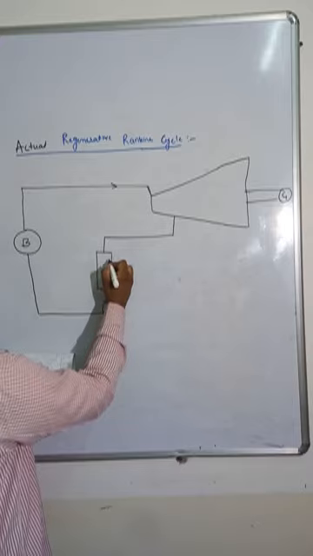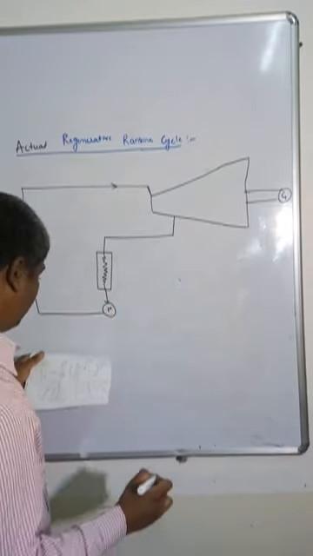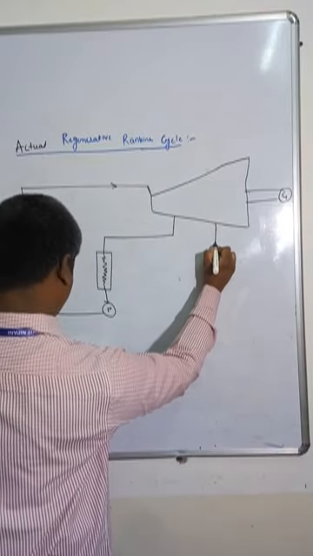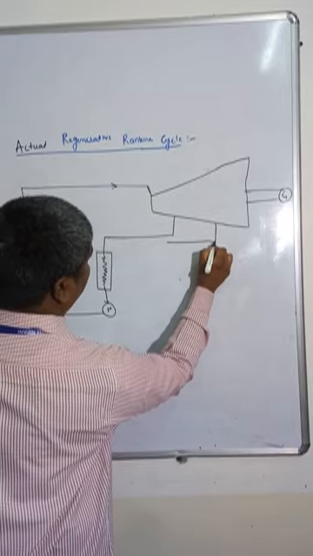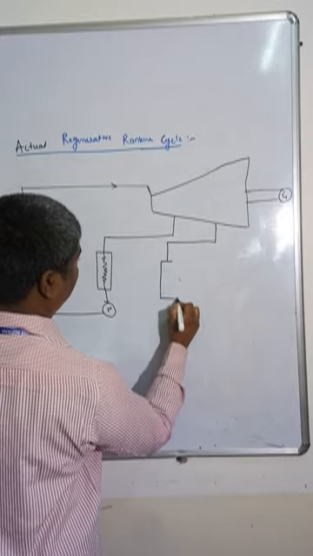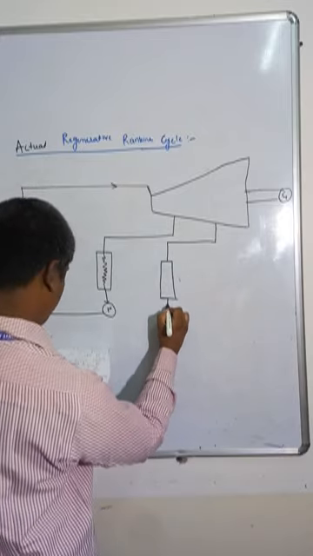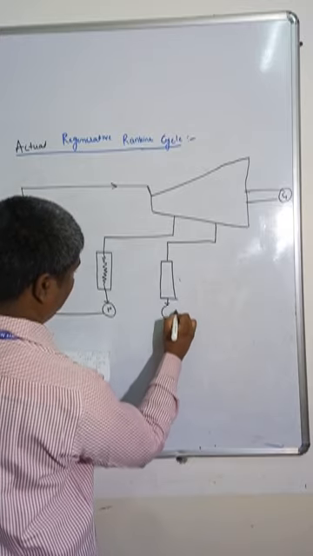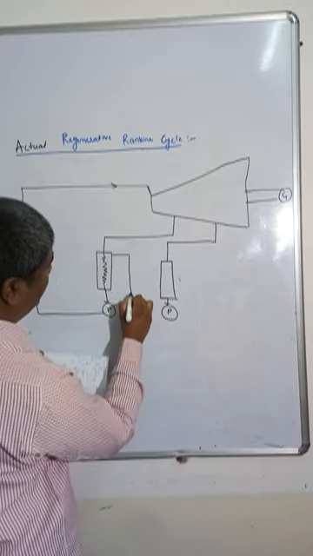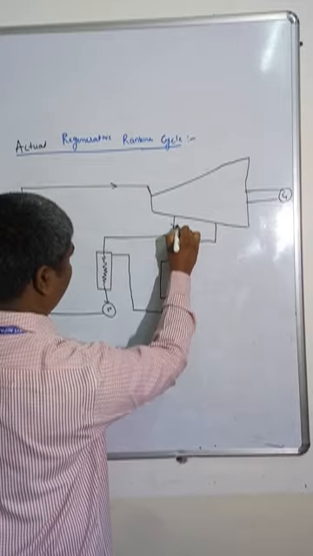What I have drawn, just look at the diagram, right? One more similar thing I will draw. Just look at the procedure of how I am drawing so that you will not get any confusion.